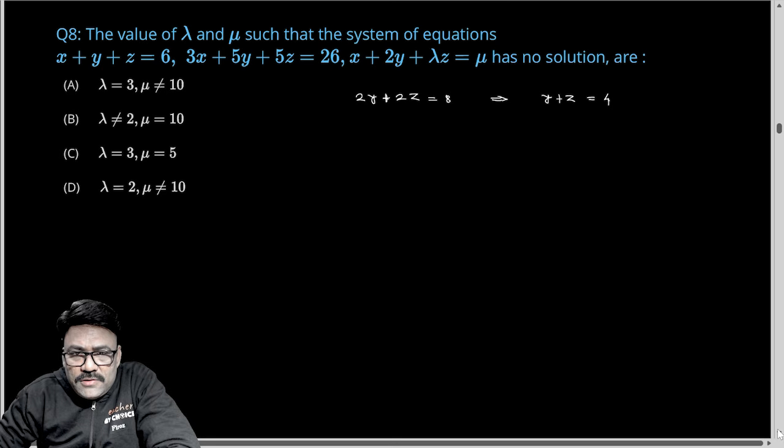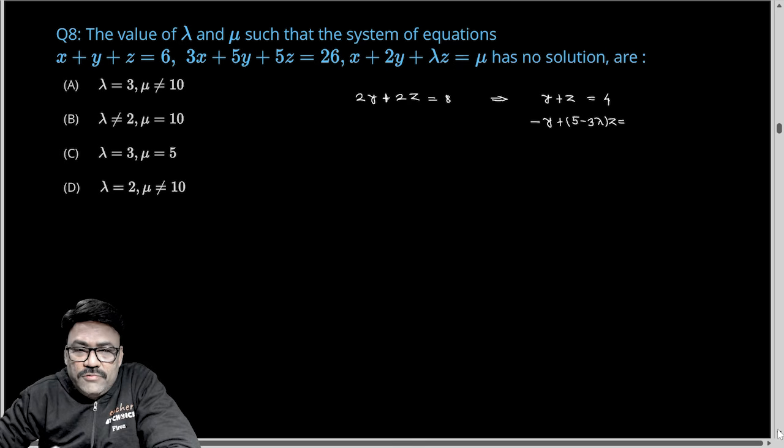Similarly, if I multiply the third equation by 3 and subtract it from the second equation, again 3x disappears. 5y minus 6y is minus y. 5z minus 3 lambda z, so 5 minus 3 lambda z.